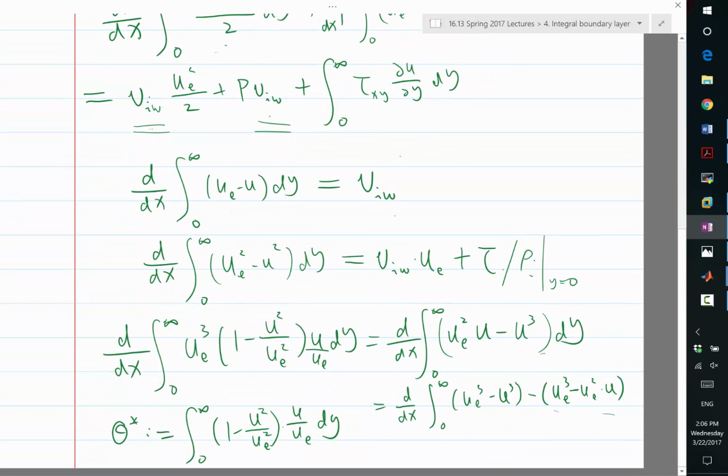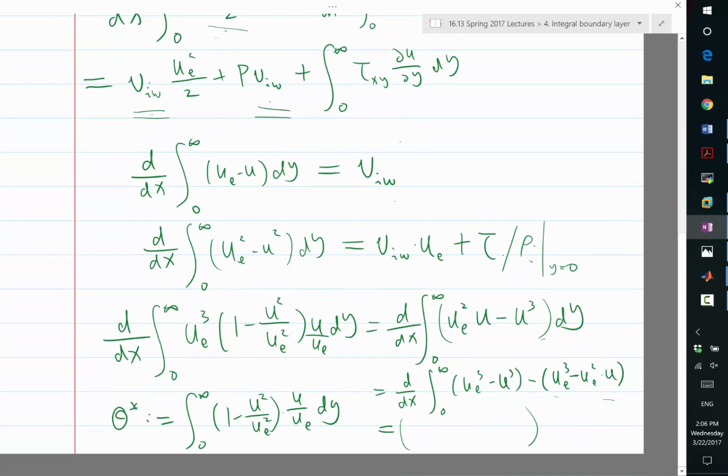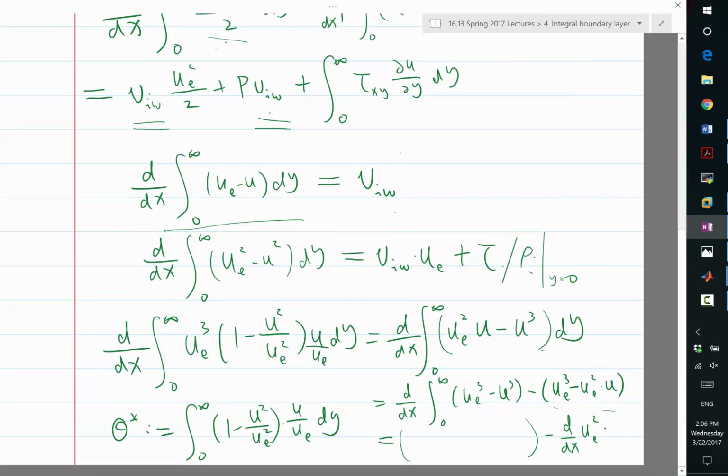Okay, so this is equal to the first term, which we want to keep as it is because we want to use this equation we just derived. And the second term is d/dx of ue square times the mass defect, times the integration of ue minus u dy.